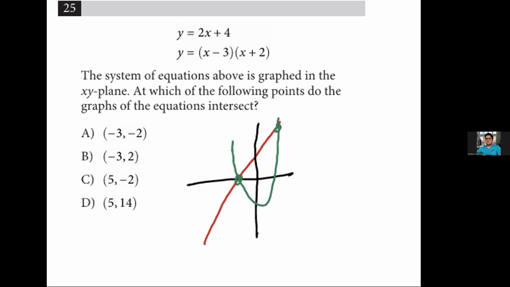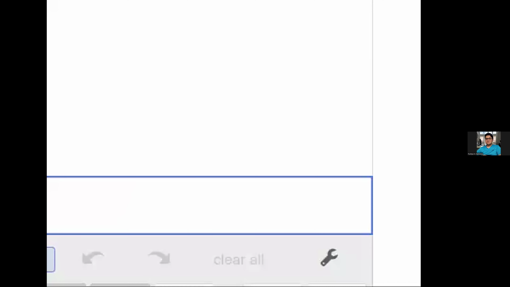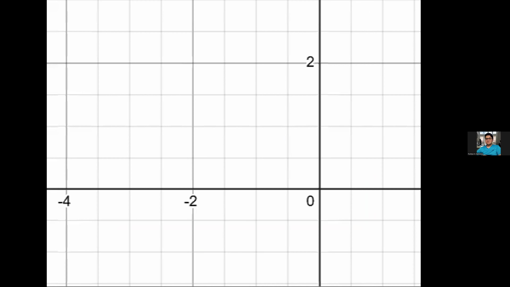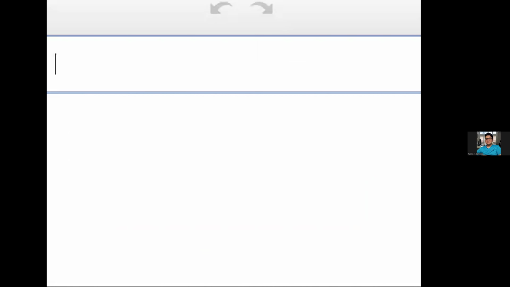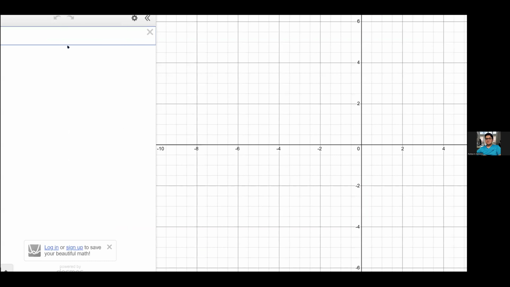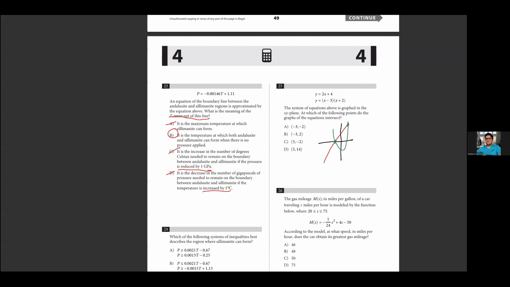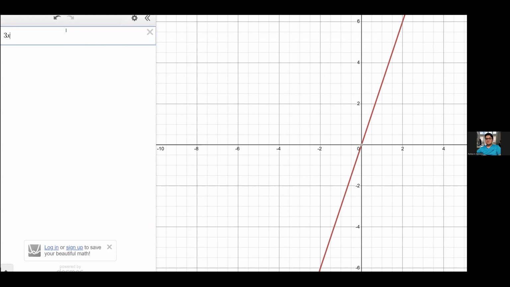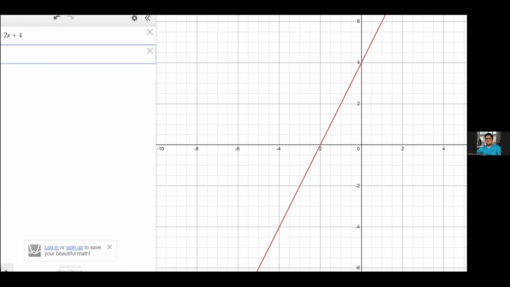I guess I'll just pull up Desmos and show you. Okay, so just assume this is your graphing calculator and you're graphing 2x plus 4, and x minus 3x plus 2.